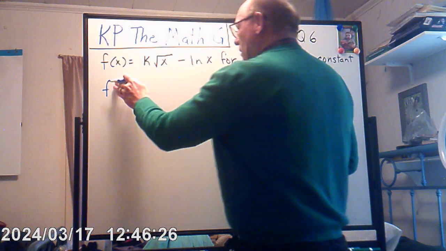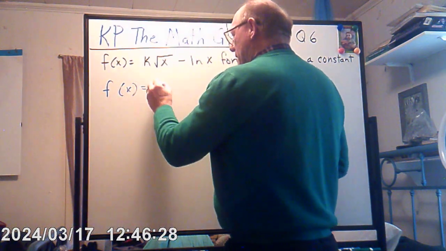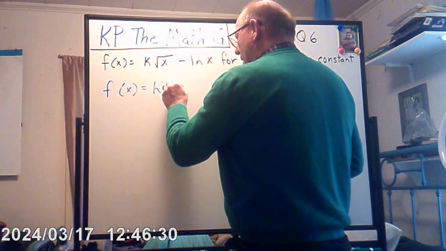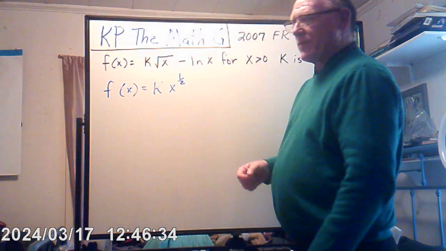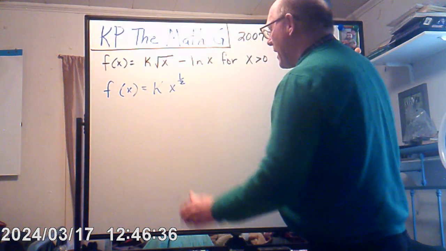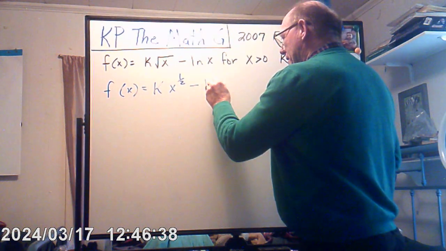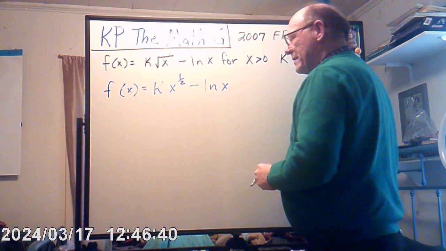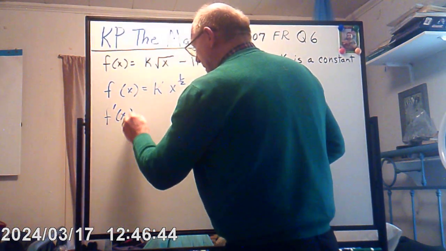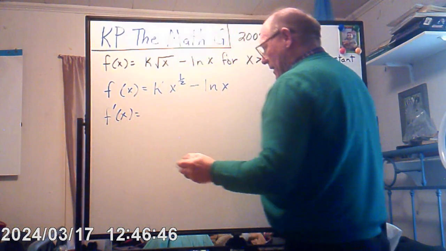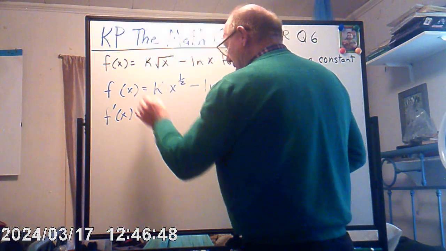Let's first of all write it as f of x, as I like to write it in terms of exponents. That's k times the square root of x, x to the 1/2, minus ln of x. Now f prime of x is equal to, let's see.